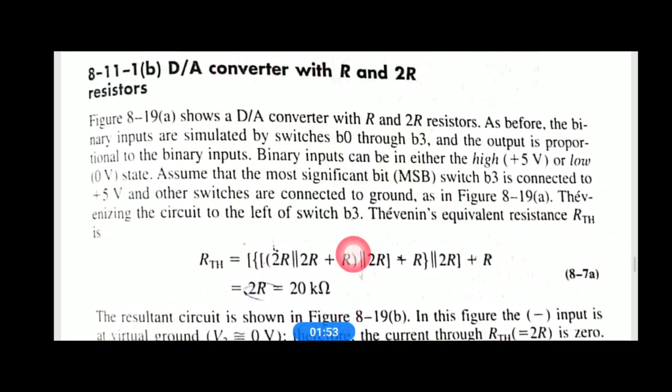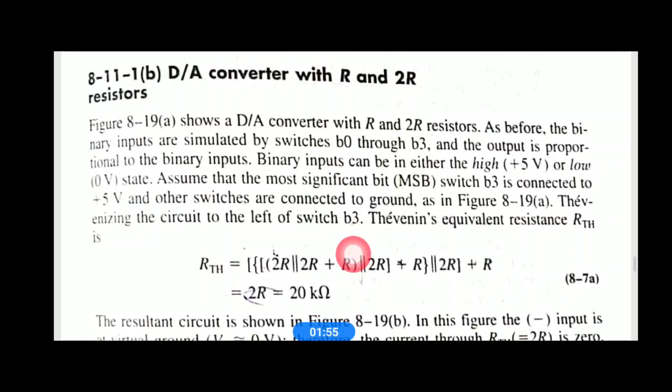So the D to A converter with R to 2R resistor solves the problem which we are facing in binary weighted resistors.